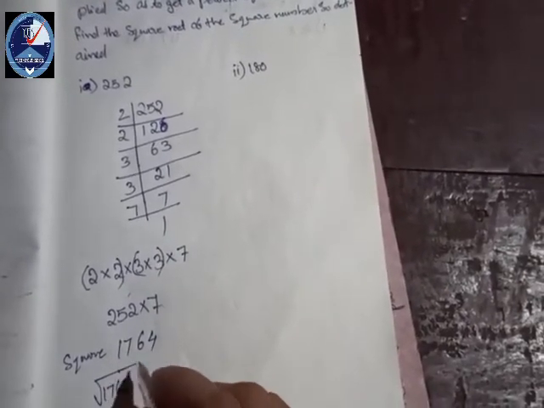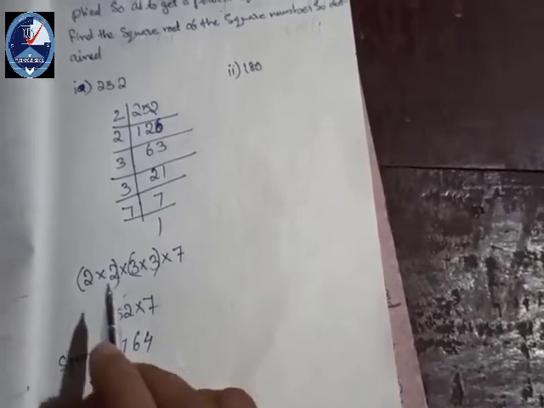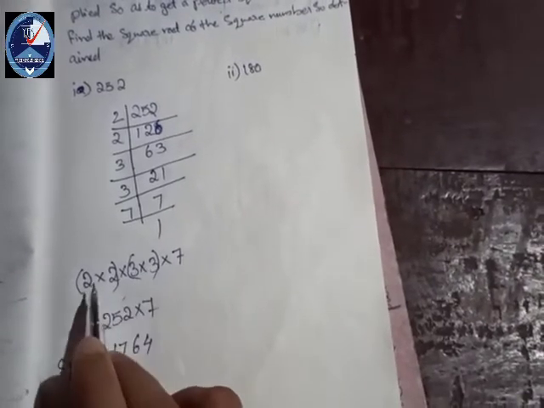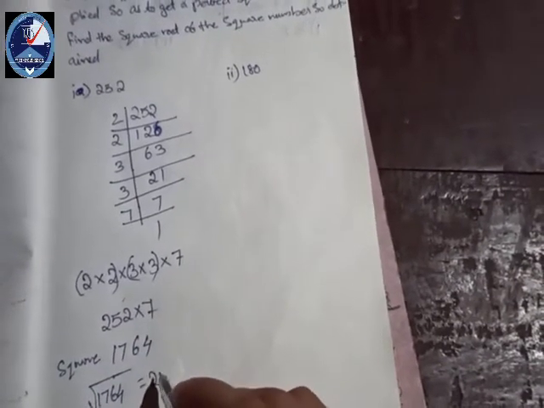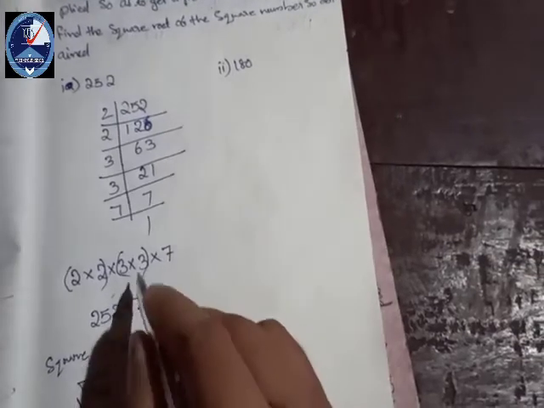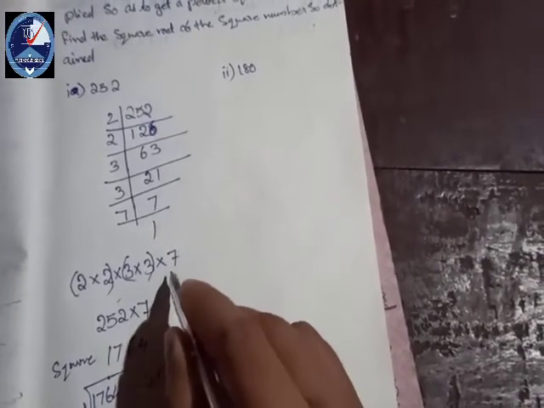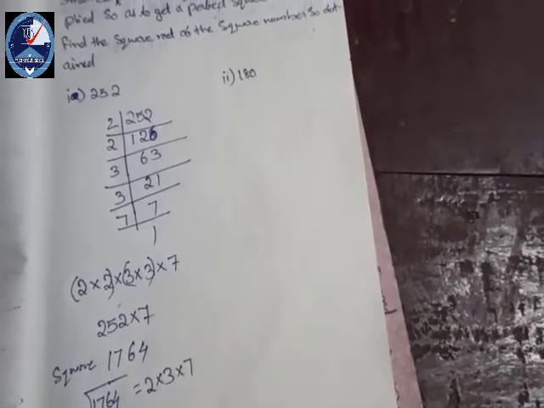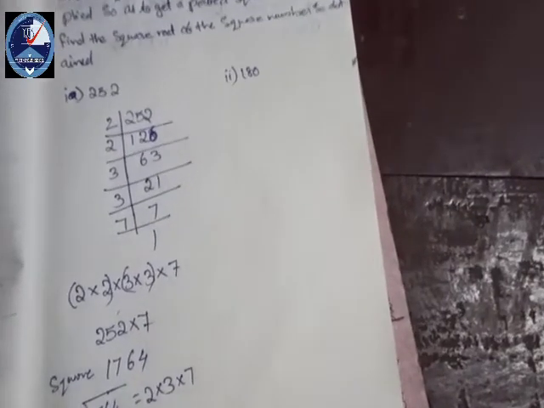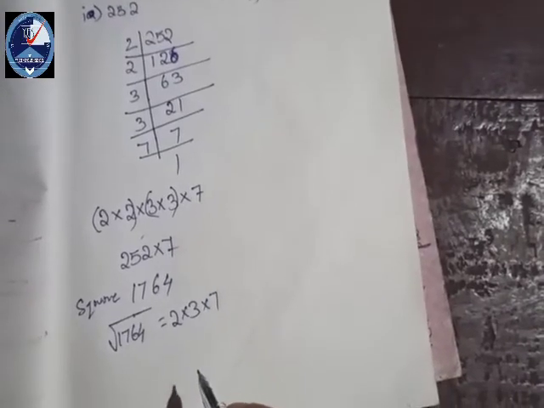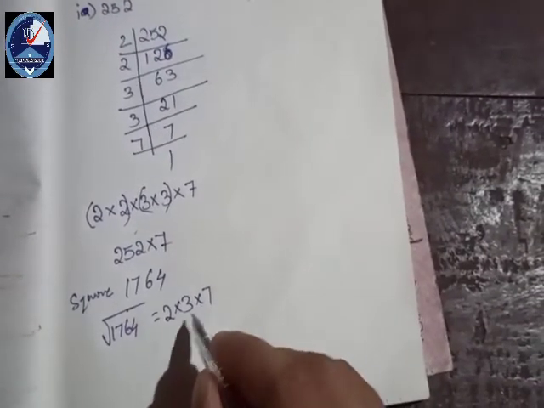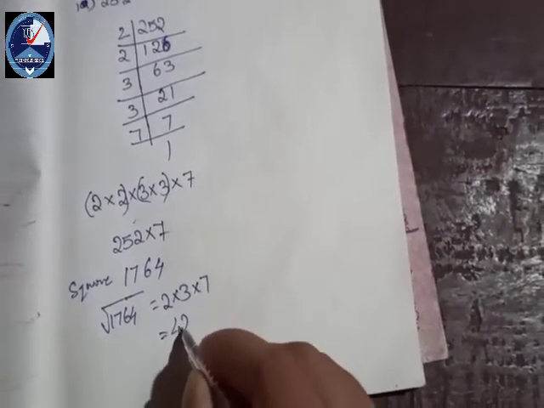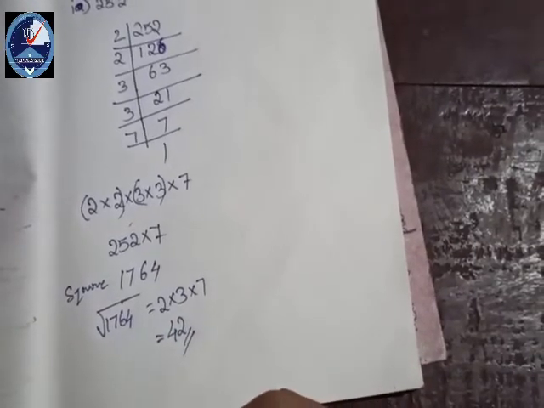How will we find it? There are pairs of which numbers? 2 is there, then 3, then 7. Now we take a pair of 7, then 7 also a pair. Then we can say there are pairs of 2, 3 and 7. Then 2 3s are 6, 6 7s are 42. Then we can say the square root will be 42.